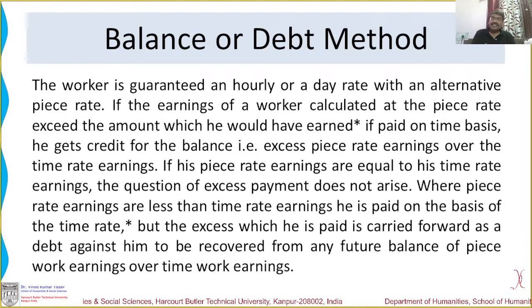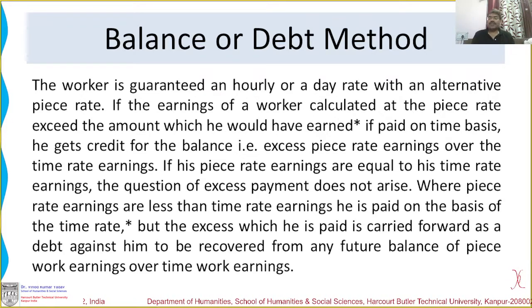The worker is guaranteed an hourly or a day rate with an alternative piece rate. Say for example, you are given an option that you will be paid 500 rupees per day, and if you exceed 500 rupees based on the piece rate system, then the additional will be given to you.